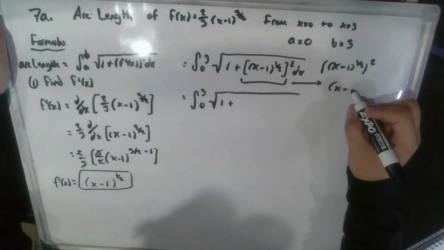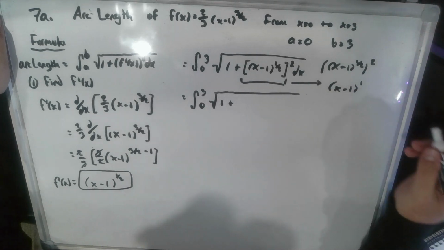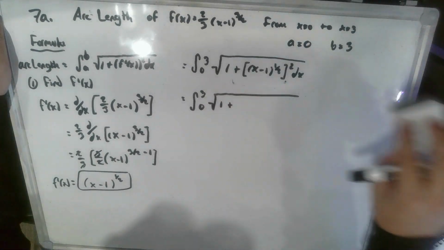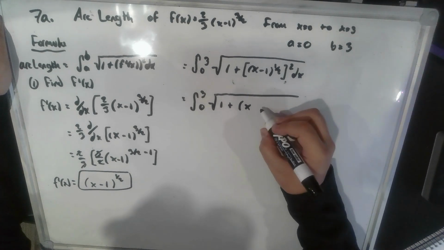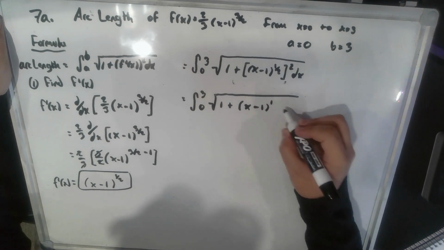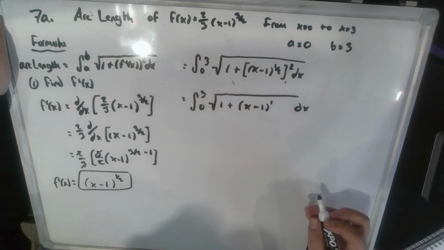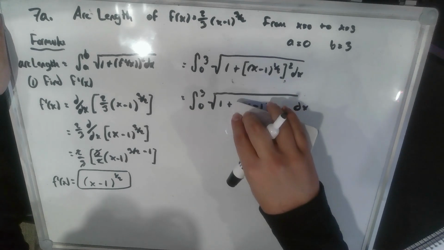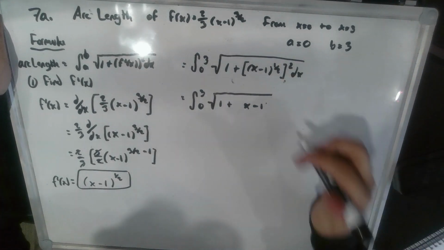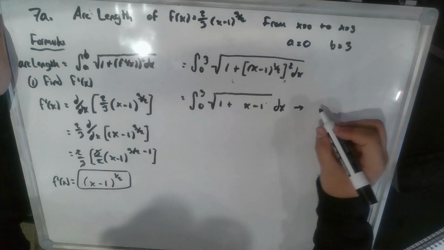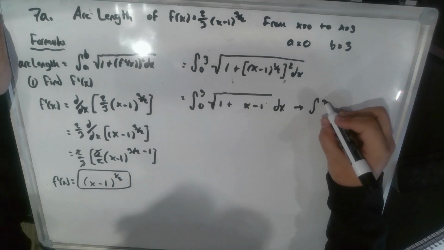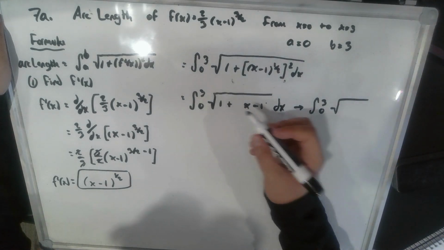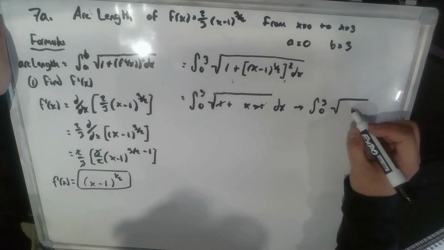And x minus 1 to the 1 is just x minus 1. So all that becomes a quantity of x minus 1 to the 1 dx. So we no longer need these parentheses. Now we're left with the integral from 0 to 3. This 1 and this negative one cancel out. So we're just left with the integral of the square root of x.